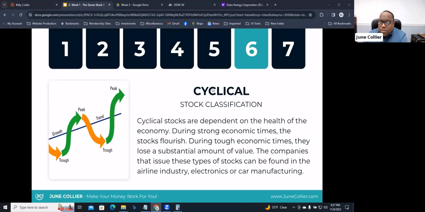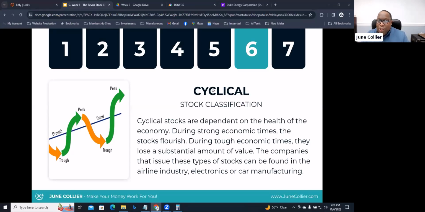Car manufacturers. So now people are holding on to their cars a little bit longer. They're not buying brand new cars because the economy is tight. So they're not buying that Benz. They're not buying that BMW, right? They're not buying that $60,000 truck because the economy is soft, okay?